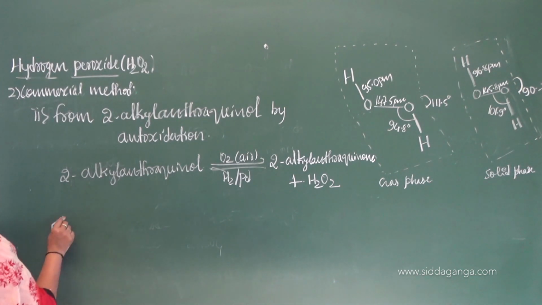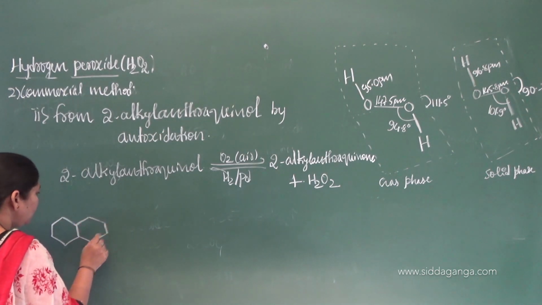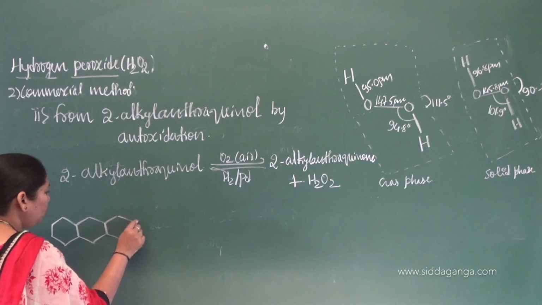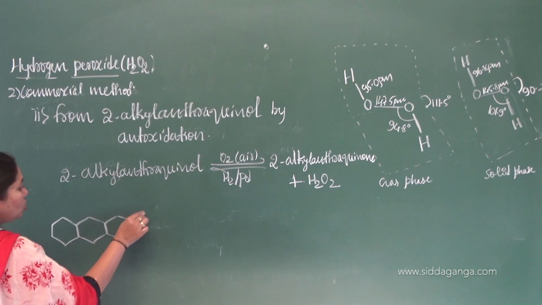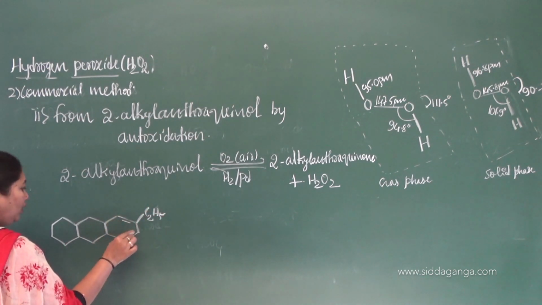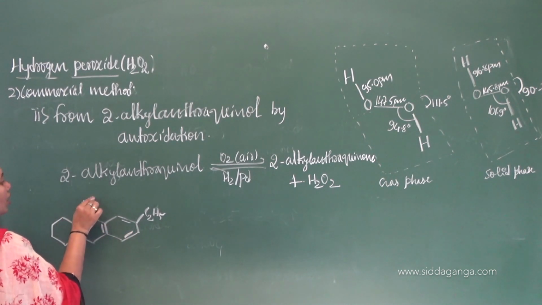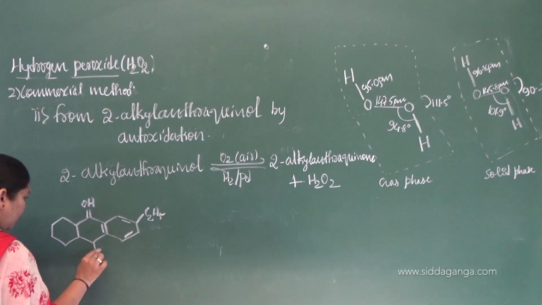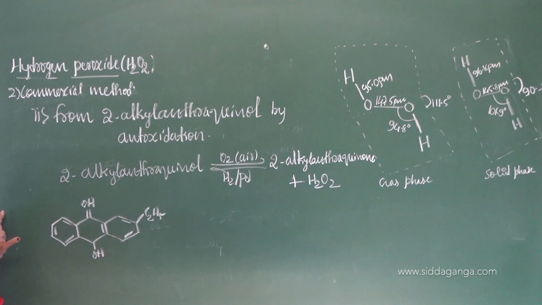So you know about anthracene, that is a compound having three benzene rings. Here it is anthraquinol, right? If you take this one, it is 2-ethyl, C2H5. The carbon atom number will be this one. So here we have quinol OH, right? OH. This will be like this, right?